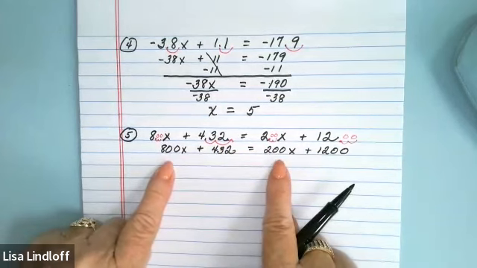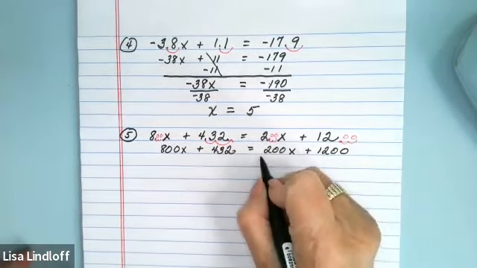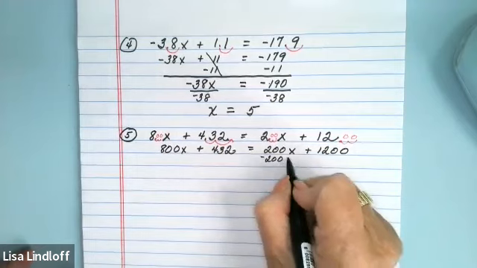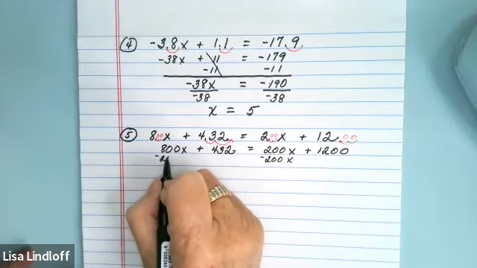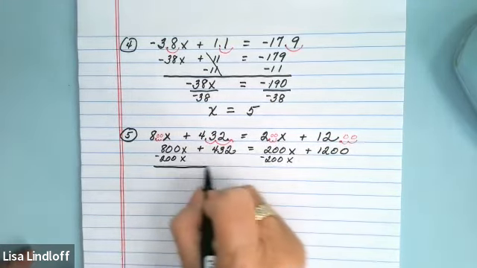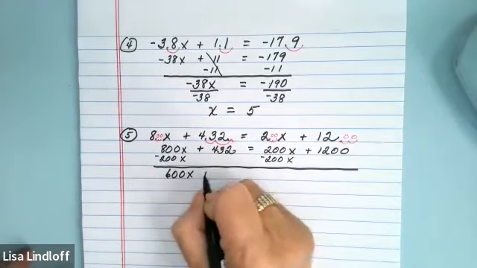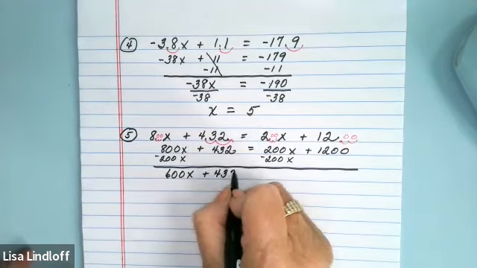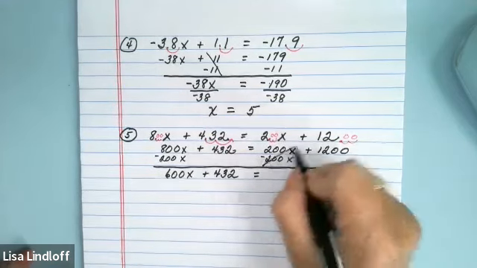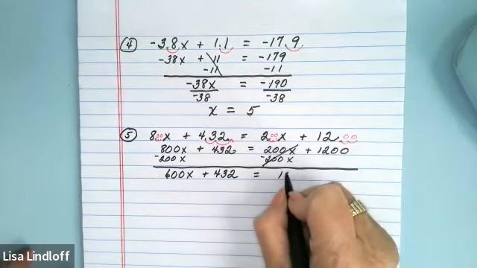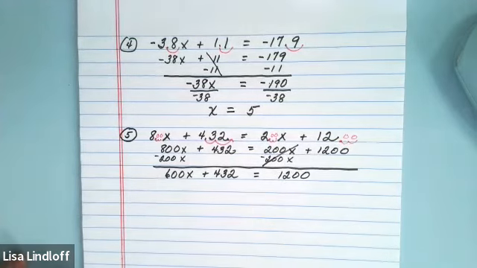I have variables on both sides. I choose to get rid of the 200x. So I subtract 200x from both sides. I get 600x plus 432 equals, that goes to 0. 0 plus 1200 is 1200.